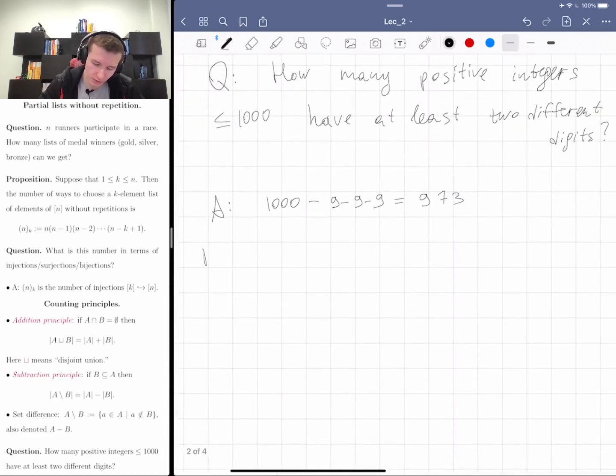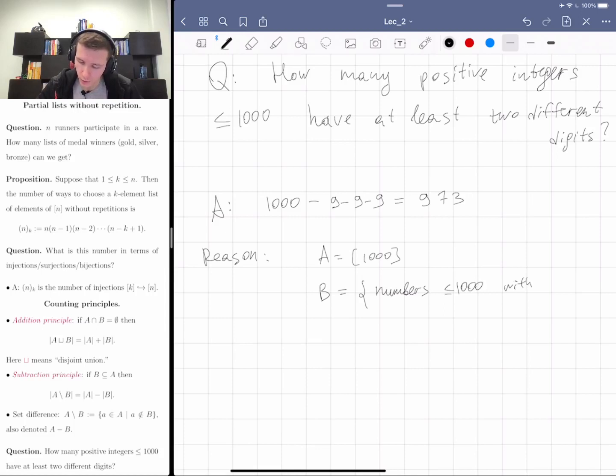And the reason is that if you set A to be all integers between 0 and 1,000, and B to be the set of all positive integers at most 1,000 which consist of a single digit.